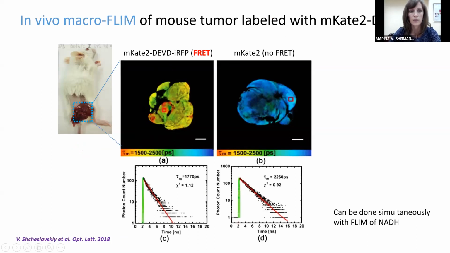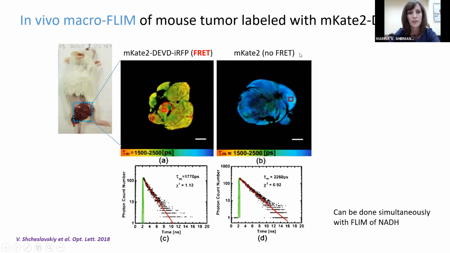As the FRET reaction goes between these two proteins, fluorescence lifetime is shorter. It is about 1.8 nanosecond. And this tumor was genetically labeled with a donor alone, when no FRET occurs. And this tumor has longer fluorescence lifetime.